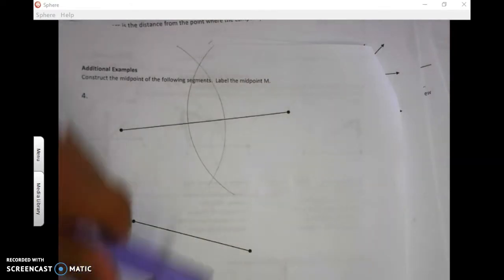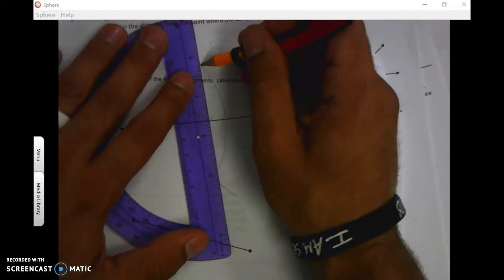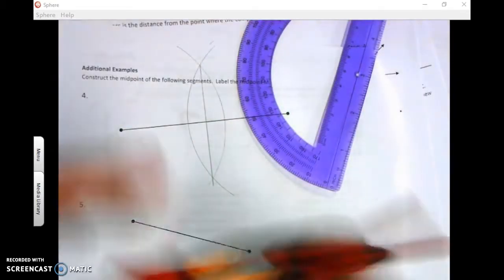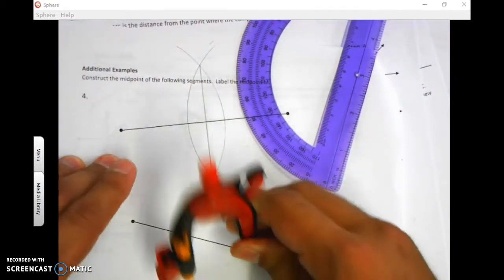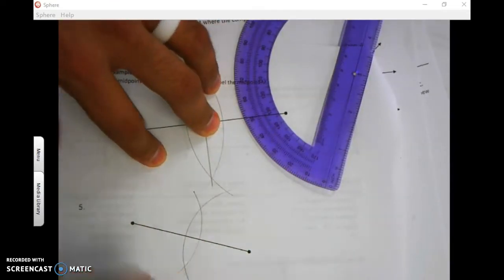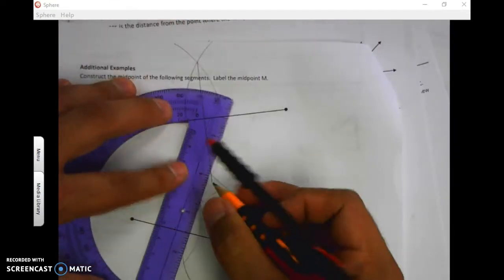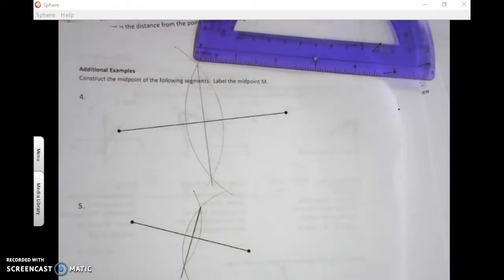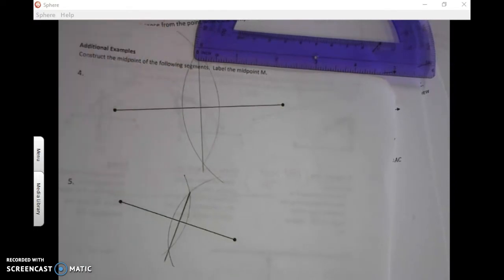Once I make my 2 arcs, I just connect them with a segment. Same thing with number 5. I go a little bit past halfway, connect my 2 new intersection points, and that is my bisector. Okay? So, that was 4 and 5. Those were just like the front page.